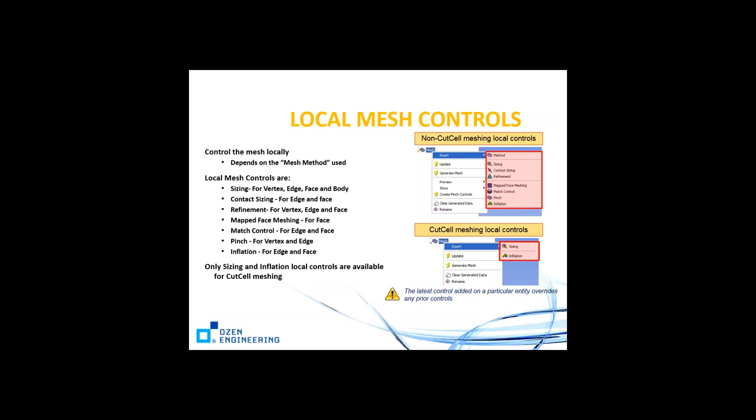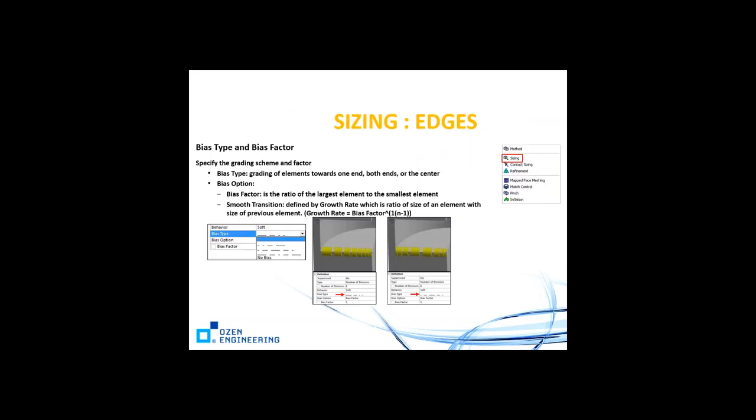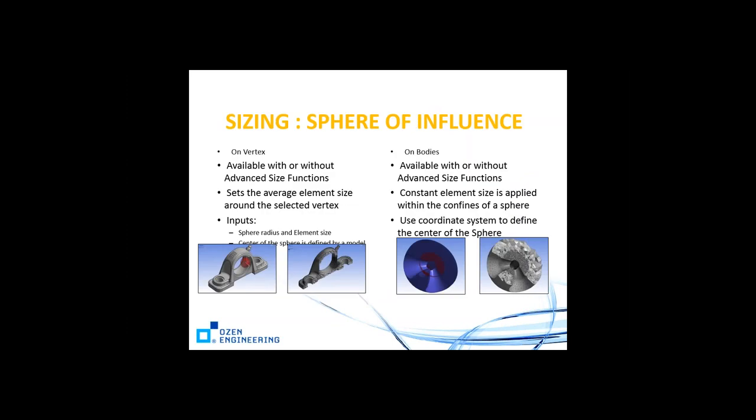And how do you do that? Whenever you insert, you do a right mouse click on the mesh and insert, and all of these will appear. Whatever you see on this list, these are all called local mesh controls. You can specify sizing on the edges. You can specify a sphere of influence.